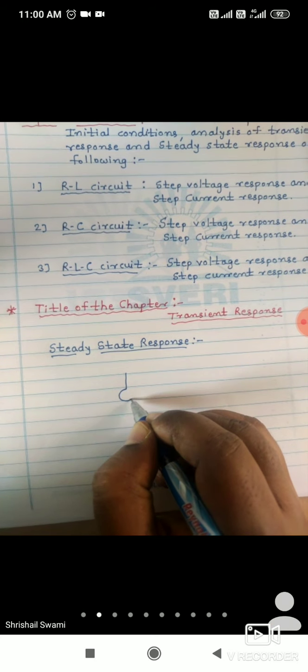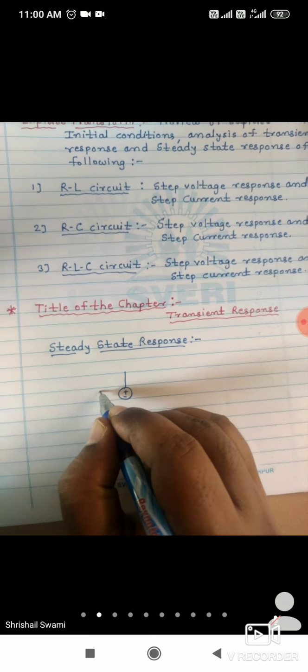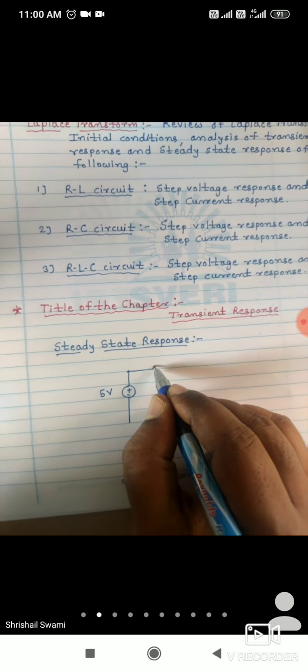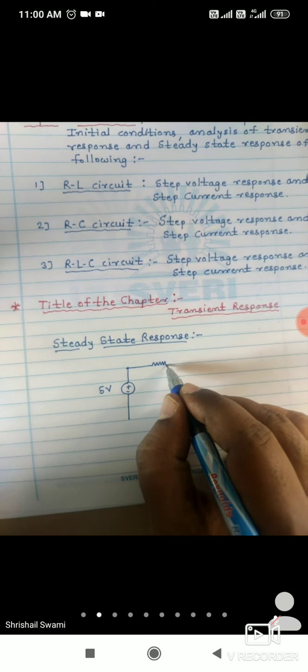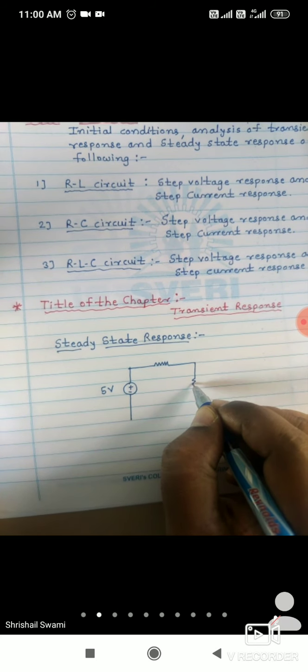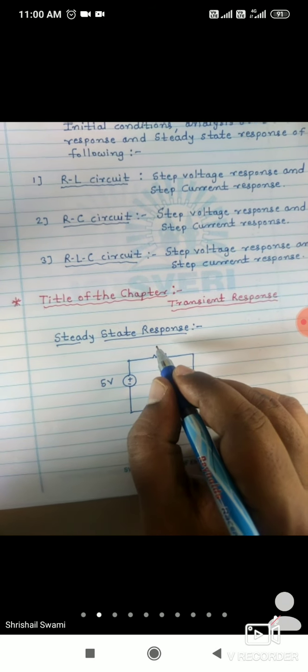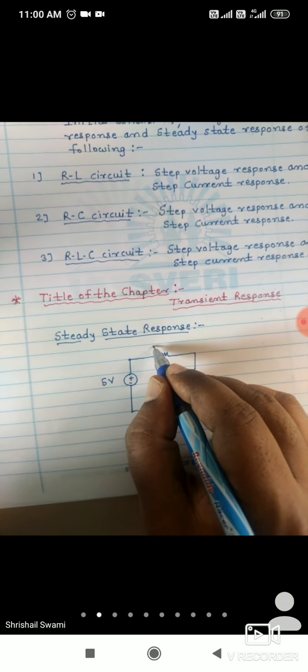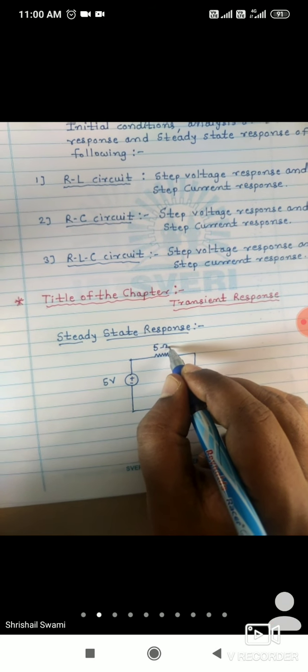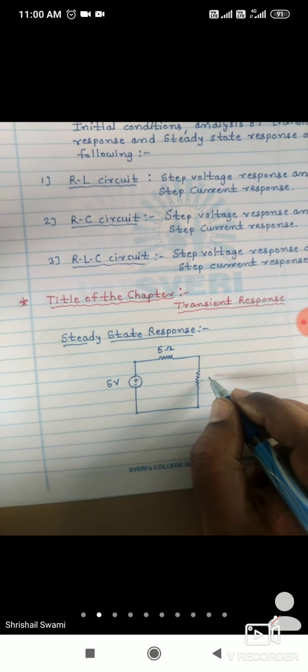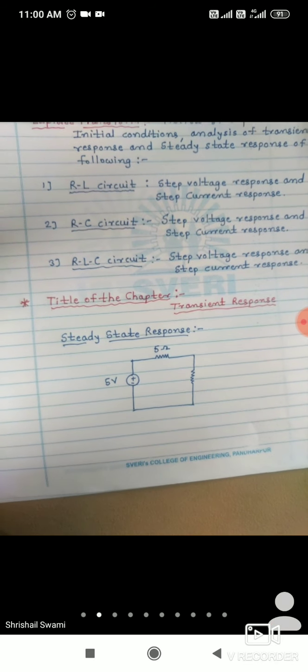I will give an example before the definition. Suppose we are applying a 5 volt voltage source. This is the DC source. Suppose these are the resistors R1 and R2, which we can consider 5 ohm and 10 ohm.